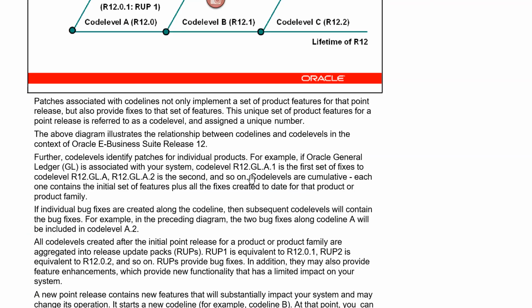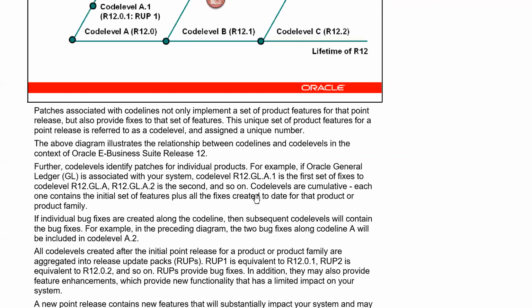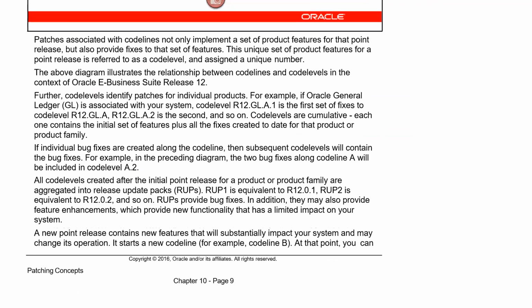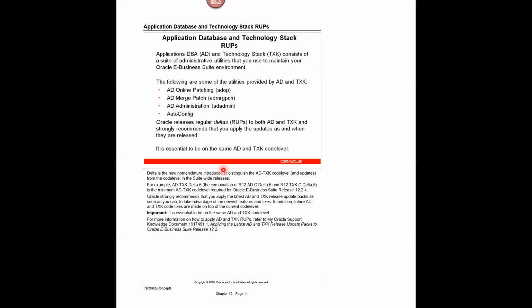A simple example: the patch will have GL A.1, GL A.2. Okay. So that is how it will be. Just an understanding, that's all, because we have to go deep into this.